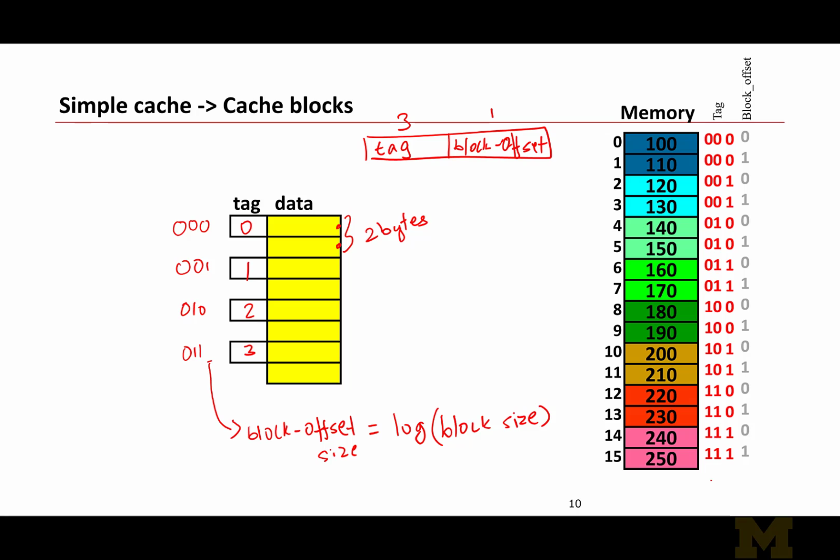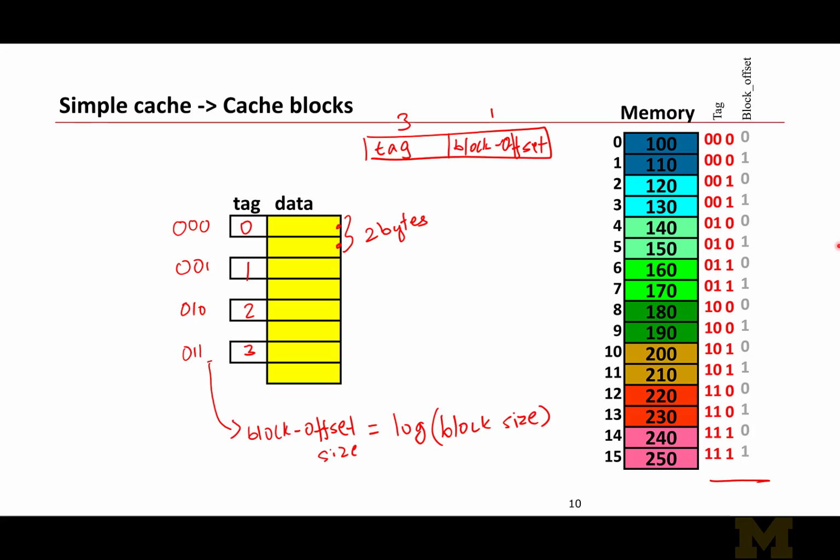What you see on the right hand side in this picture is that I have taken the addresses 1 to 15 and partitioned them into tag and block offset, right? You will notice that the first 2 bytes correspond to the tag 0. So if I access any one of these 2 addresses, I would move this entire block into the cache. Okay.